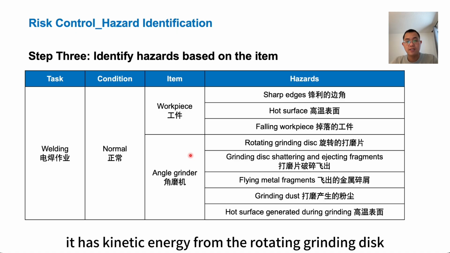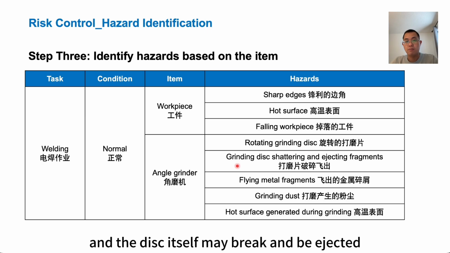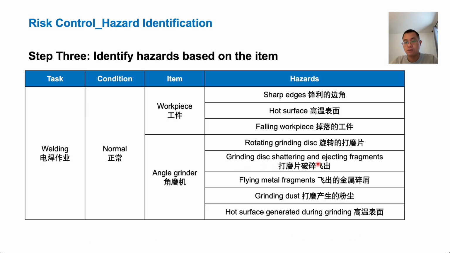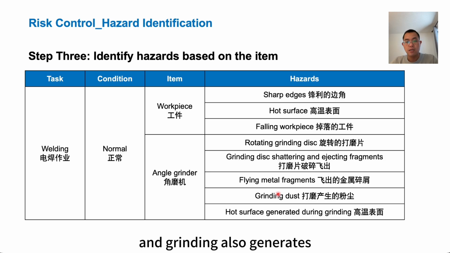So first, it has kinetic energy from the rotating grinding disc, which can cause cuts. And the disc itself may break and be ejected. And also the metal fragments from the workpiece can be thrown outward. And grinding also generates dust and high temperatures.